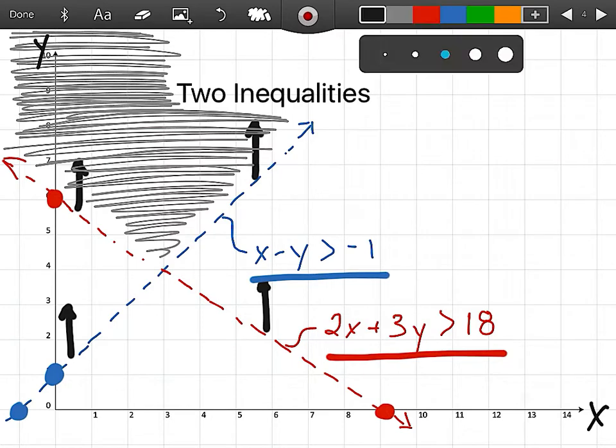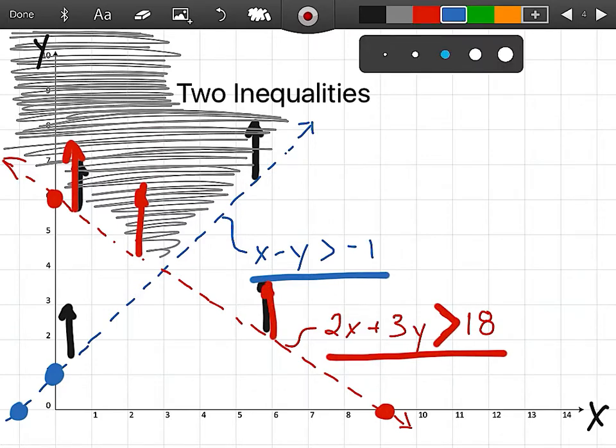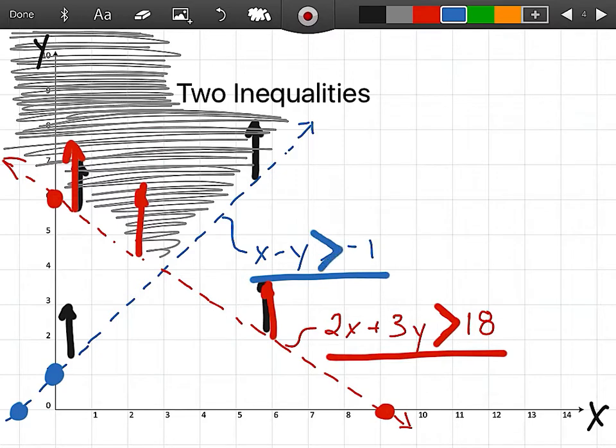And now what you're looking at here is on the red line, we want to be greater than 18. So the points you're looking at are above the line. That's what these black arrows were indicating. And for blue, since it's greater than -1, again, you're going to be above the line.